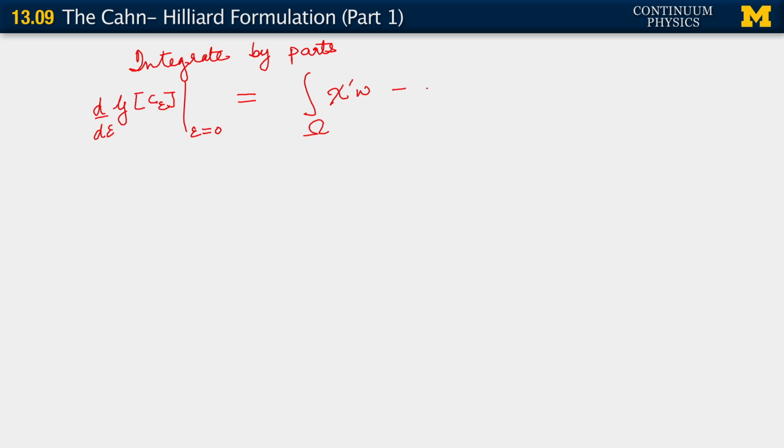We get minus the divergence of k grad C, all of this integrated over dv, plus the integral over the boundary of the domain of k grad C dotted with n, with w multiplying it here, d little a.